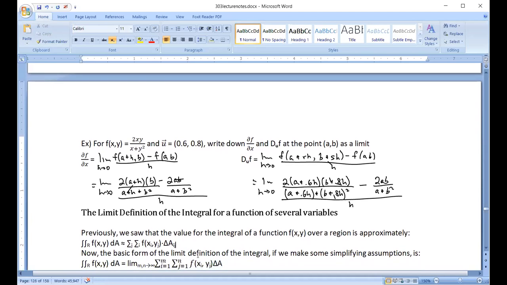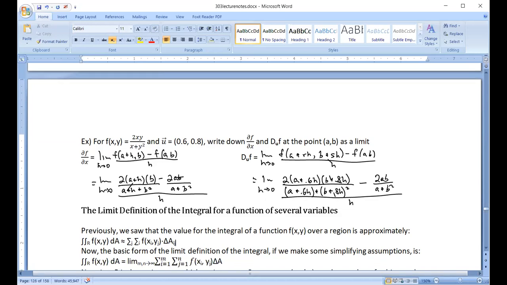Okay. Now, in order to turn this into a limit, I'm going to show you the simple version and the more general complicated version. So first, what if we make some simplifying assumptions?